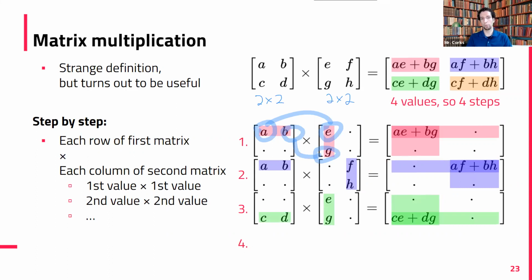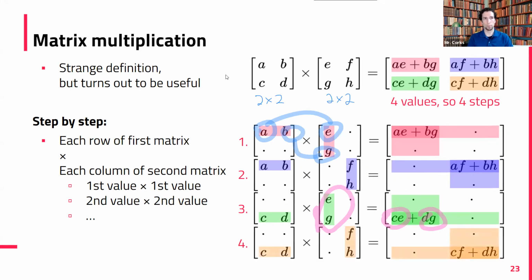So for the second row of the first matrix, now we're back to the first column of the second matrix here, E, G. So C times E, line those up. D times G, line those up. Add them together, result goes in that bottom left corner. That's our third one. And then final step, where we now finally have the last row times the last column, C F plus D H, and that goes in the final position here.